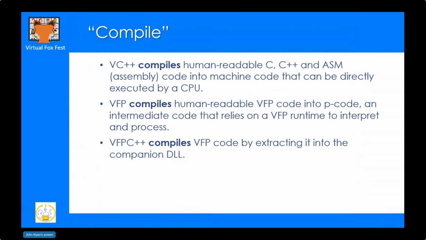And VFP C++ compiles code by doing what I've just said, which is to extract it into the companion DLL. So when I say the word compile, I'm going to try and say C++ compile or VFP compile if I'm not talking about VFP C++ compile.